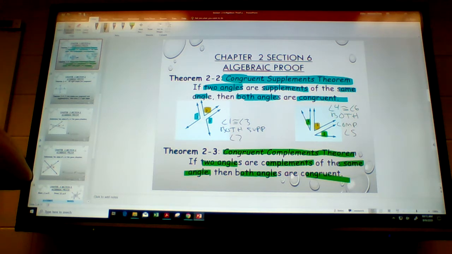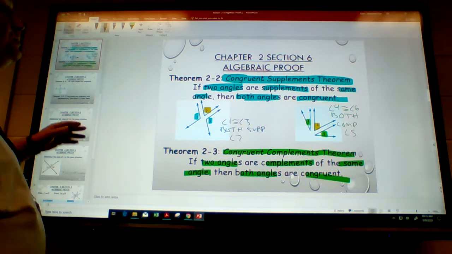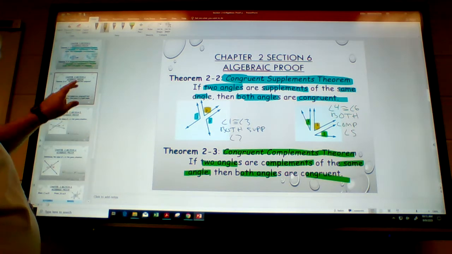We could even use the vertical angles theorem to prove those, but we're not going to right now. You just need to know those. And don't try to memorize them, just know them.